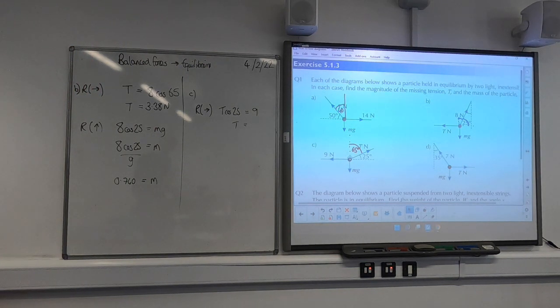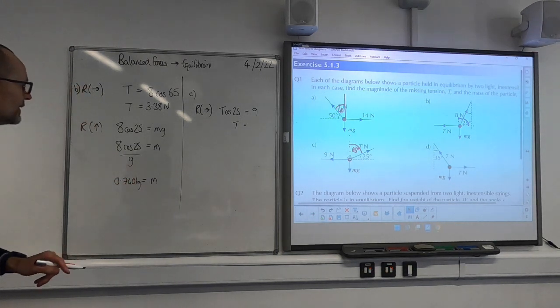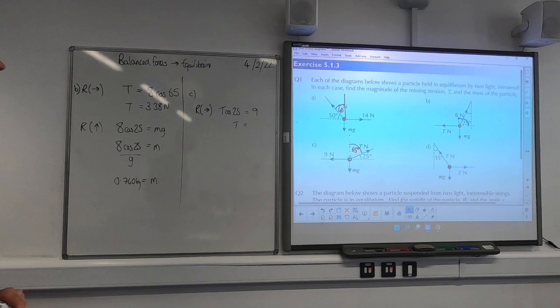So a force will be in newtons, and a mass will be in kilograms. So yeah, good point.